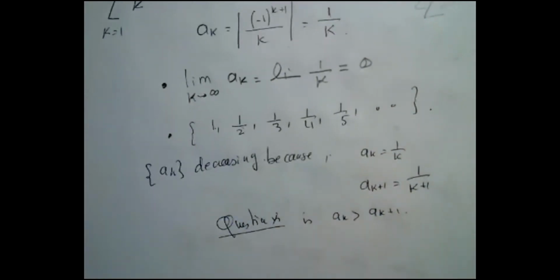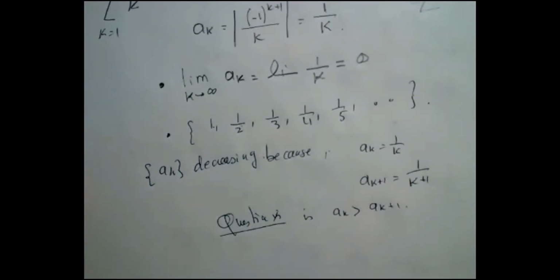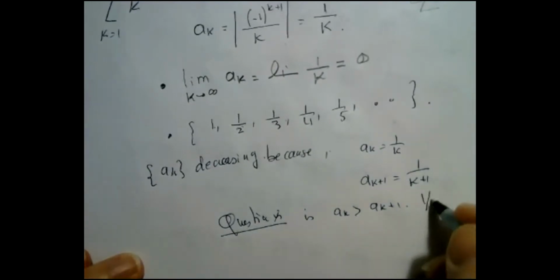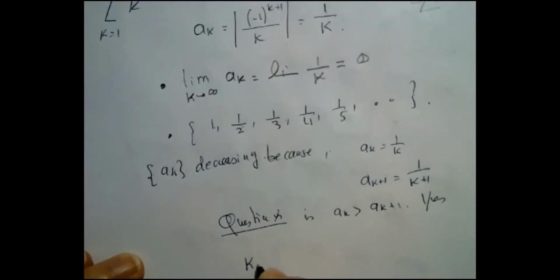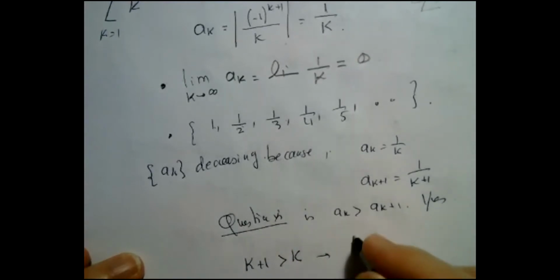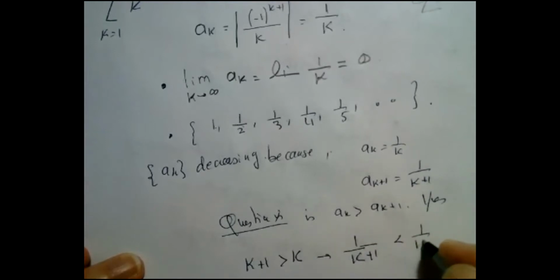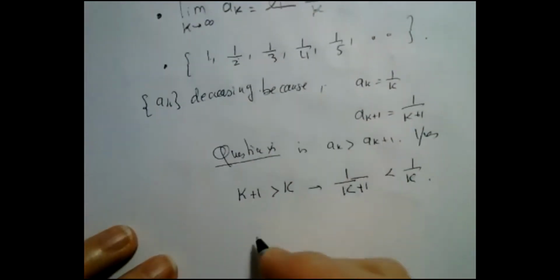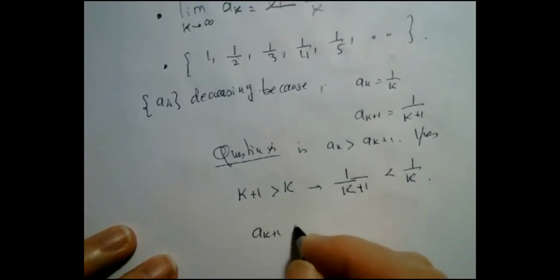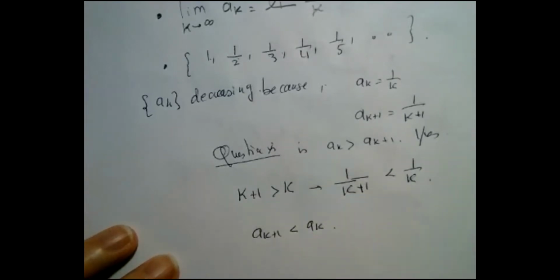That's what decreasing means. The answer is yes, because k plus 1 is actually larger than k. When I flip them, 1 over k plus 1 is going to be less than 1 over k. It means the terms are definitely decreasing.